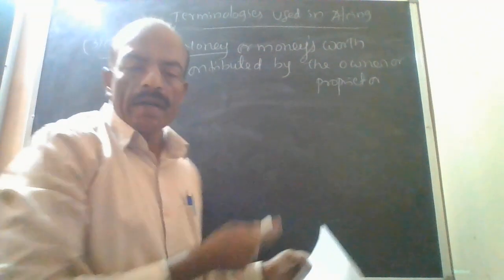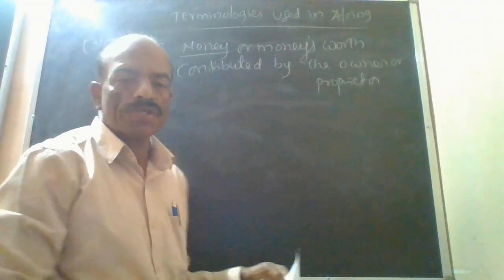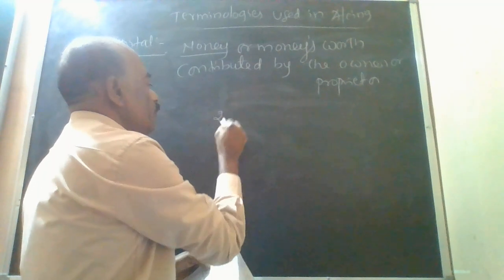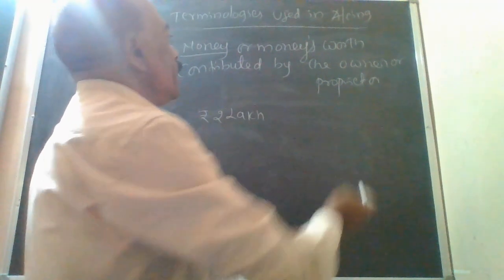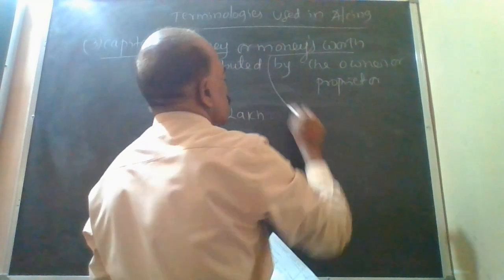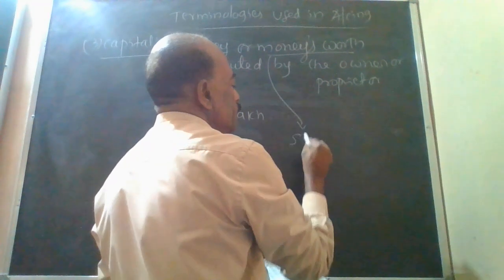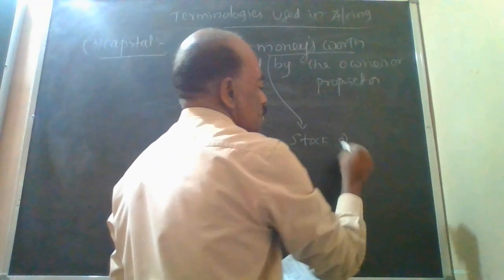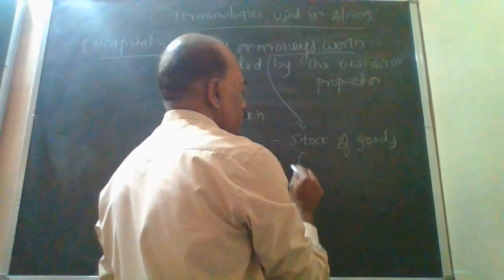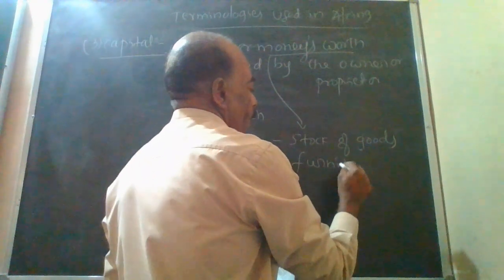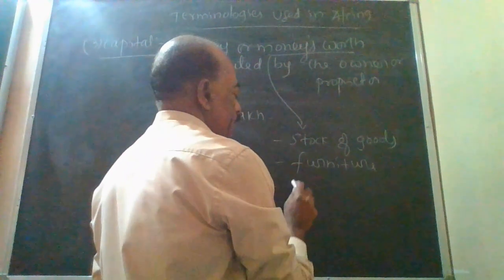I already explained the examples. Suresh contributed 2 lakh rupees for his business. Apart from that, he will bring the money's worth. Money's worth means he will bring the stock of goods, furniture, or plant and machinery.